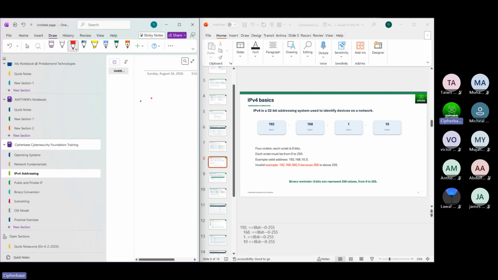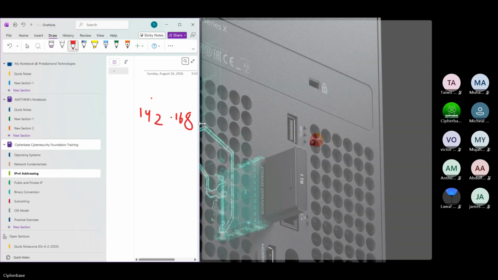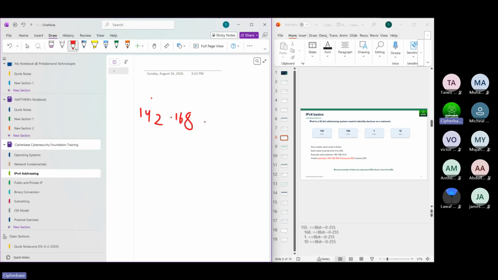So now we are talking about this IP address, which is 192, then dot 168, then dot 1.10. I'm now saying that this is an octet. This one, this one, this one, and .10, each is an octet. We call it an octet.